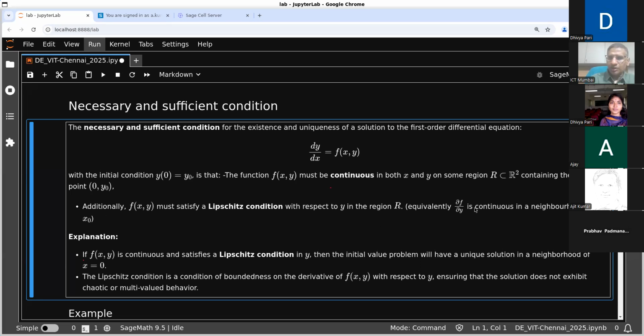Or you can think of this as it being bounded. That's another way of looking at the Lipschitz condition. So once you have these two conditions, one can show that this differential equation has a solution, and not only that, it has a unique solution. That is why they are called sufficient conditions for existence and uniqueness of this solution.